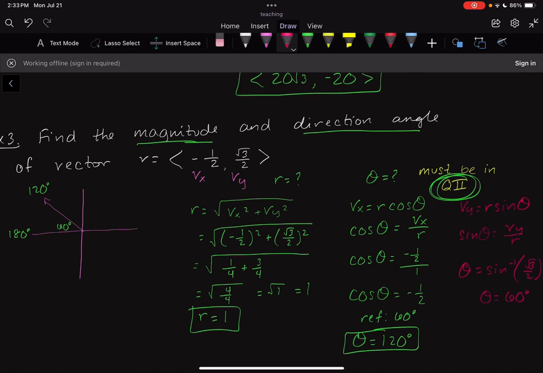The issue with that is sine inverse only gives answers in quadrants 1 and 4. So you really just have to be careful. I'll give you some advice at the end on what I recommend doing.